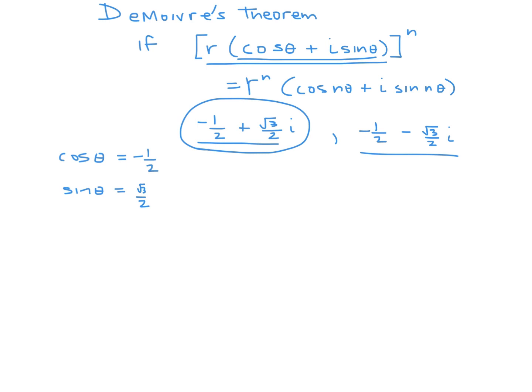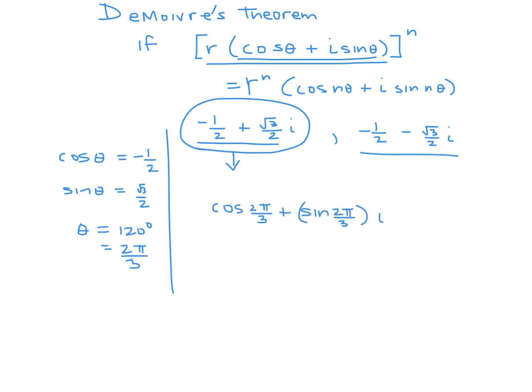Without too much problem, I can figure out that theta is 120 degrees, or 2 pi over 3 in radians. So this is the equivalent of cos 2 pi over 3 plus sine 2 pi over 3 i. Got it?